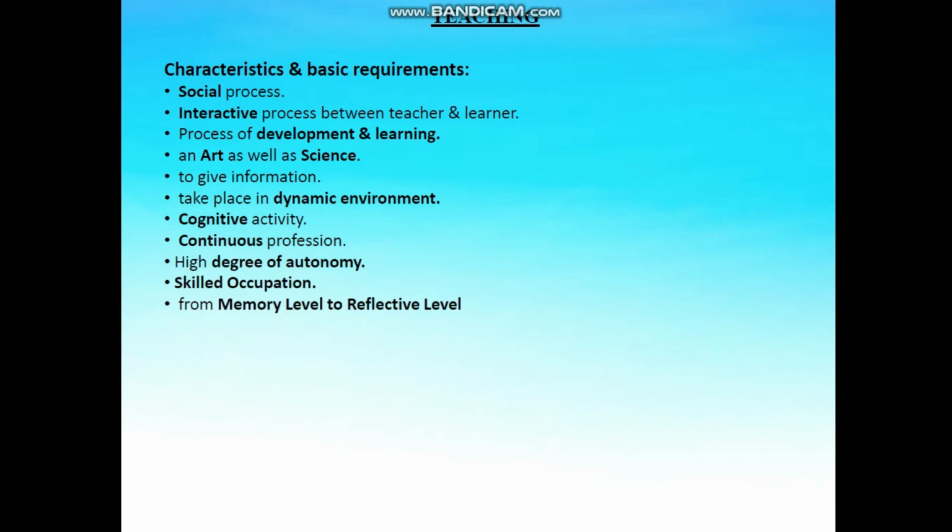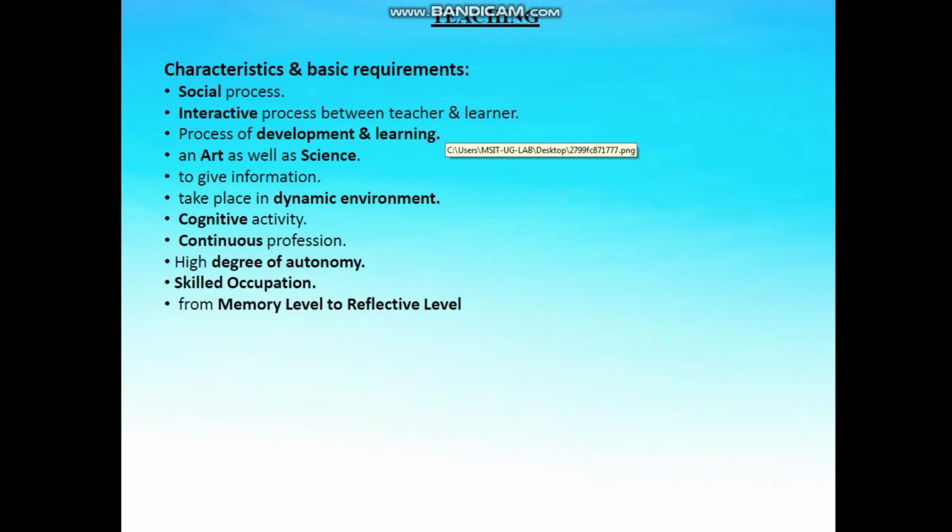Next, I will discuss the characteristics and basic requirements of teaching. Teaching is completely a social process. Teaching is undertaken for society and by society. With ever-changing social ideas, it is not possible to describe the exact and permanent nature of teaching.